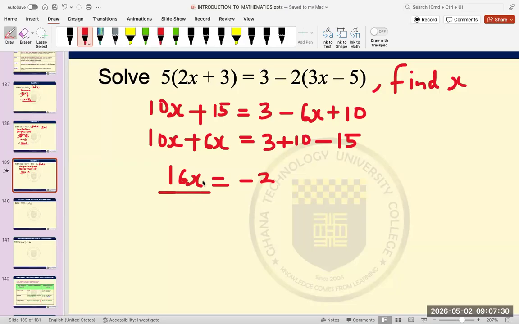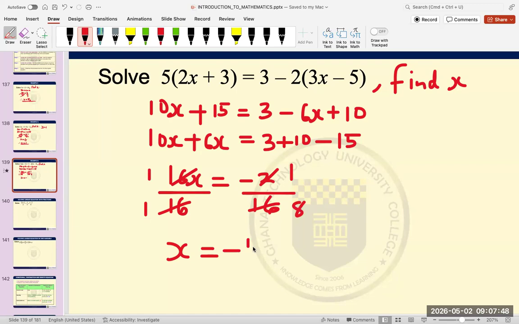We want x to stand alone, so we divide every side by 16. 16 will cancel 16. 2 will cancel itself 1, 2 will go here, 8.